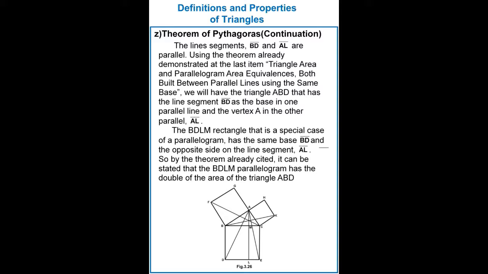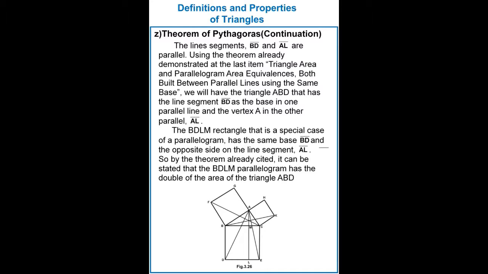The proof will continue with this new slide. The line segments BD and EAL are parallel. Using the previous theorem demonstrating this class of equivalence of areas of triangles and parallelograms constructed between parallel lines with the same base, we have that the triangle ABD has the base BD on the parallel straight line BD and the vertex A on the other parallel straight line AL.